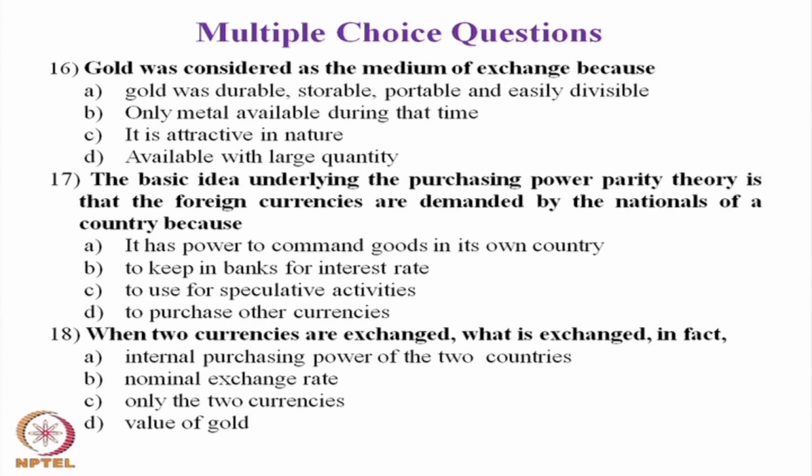Question number 17, the basic idea underlying the purchasing power parity theory is that foreign currencies are demanded by the nationals of a country because, the answer is A. It has the power to command goods in its own country.